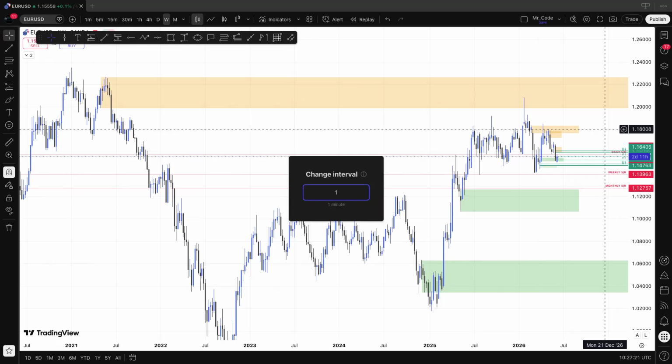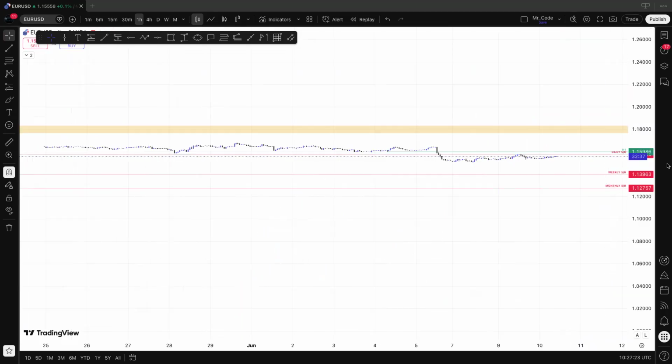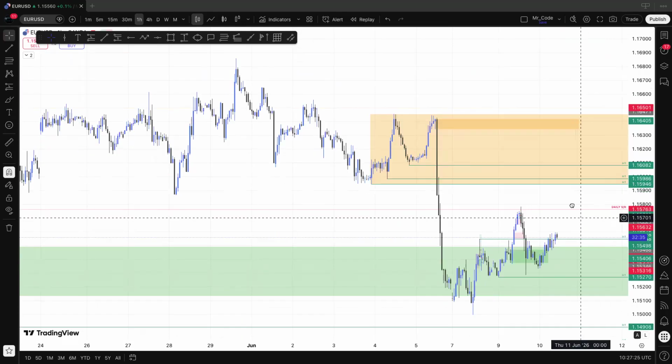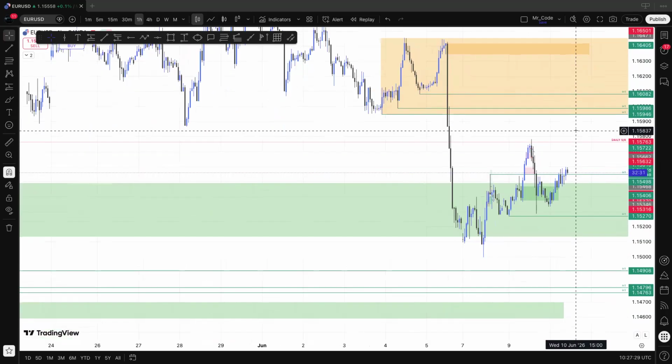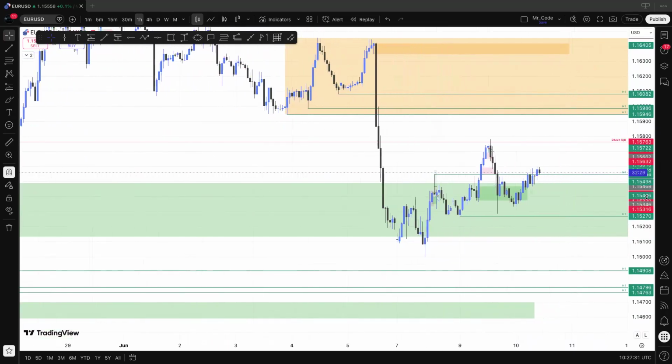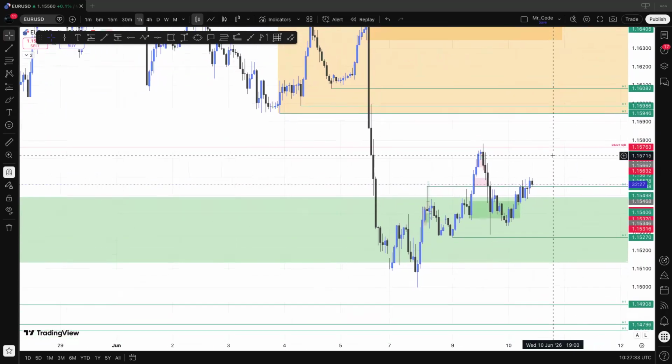Okay, so on Euro USD, we were bullish and we are still bullish. Why? Because price is still in a buy side liquidity.